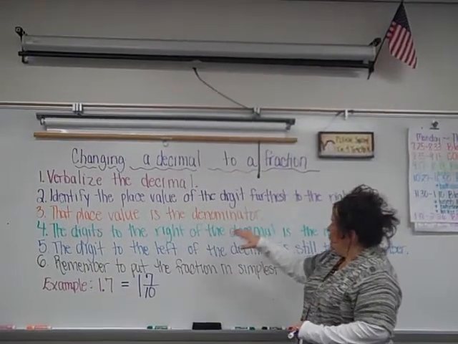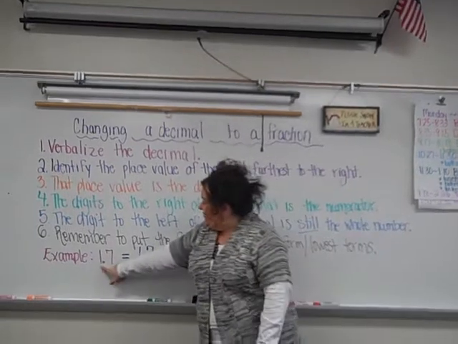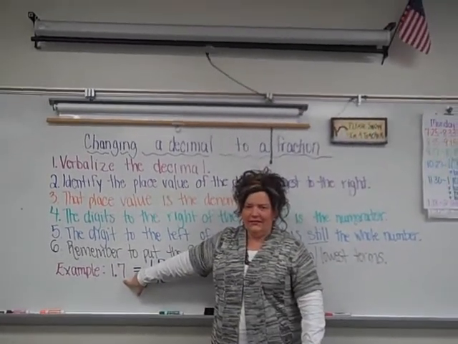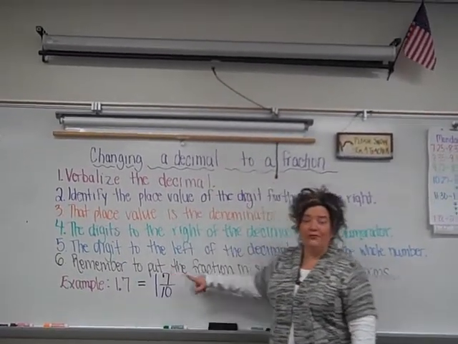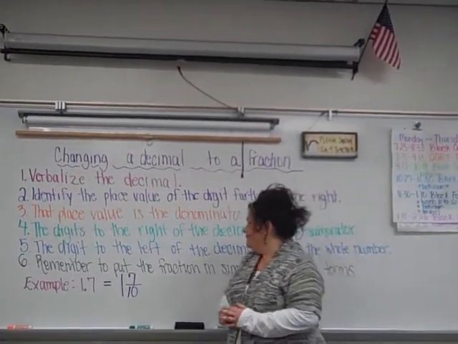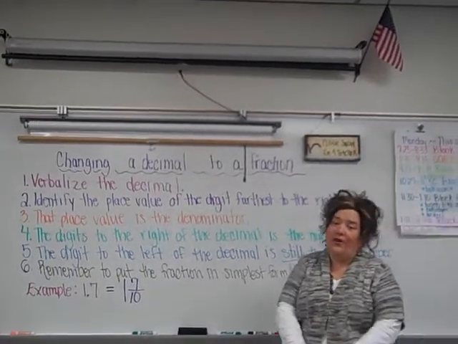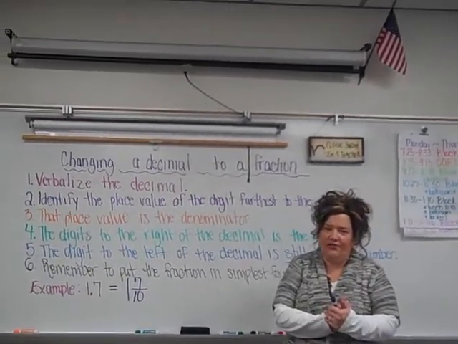The digits to the right of the decimal are the numerator. So we have a 7 to the right of that decimal. That's moved to our numerator. The digit to the left of the decimal is still the whole number. That whole number is not going to change.